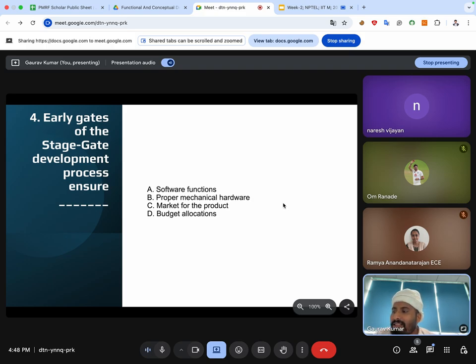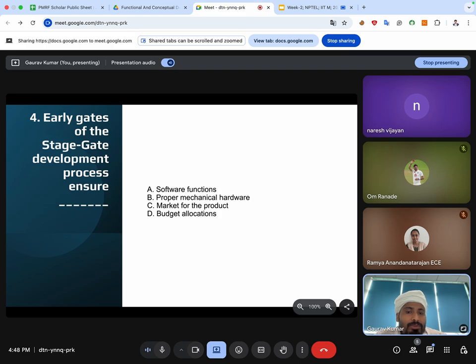So basically the right answer for this question is option C, market for the product. Market for the product is the right answer. So in the early stage of the stage gate, we don't focus yet on engineering or technicalities.